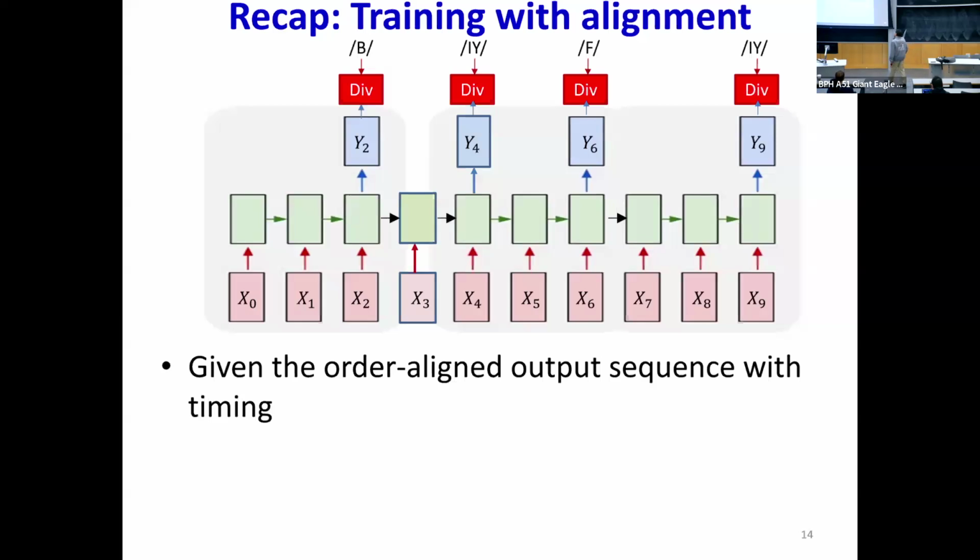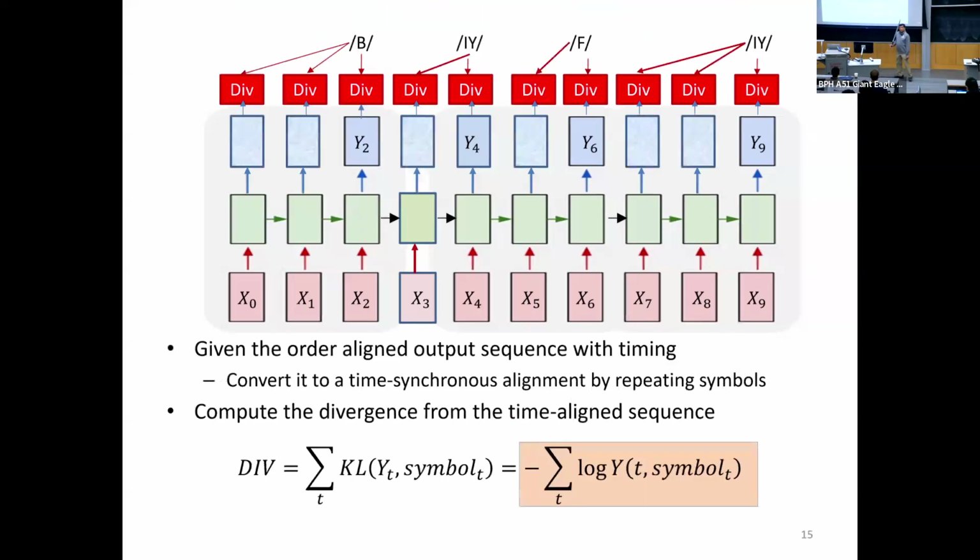And we saw that typically you'd be given input and output sequences. Now, if you were given the alignment for the output sequence, then you would know exactly where each output symbol was produced. And so you could just compute the divergences at those points, or you could make the output time synchronous by repeating each symbol through the portion of the input to which it corresponded.